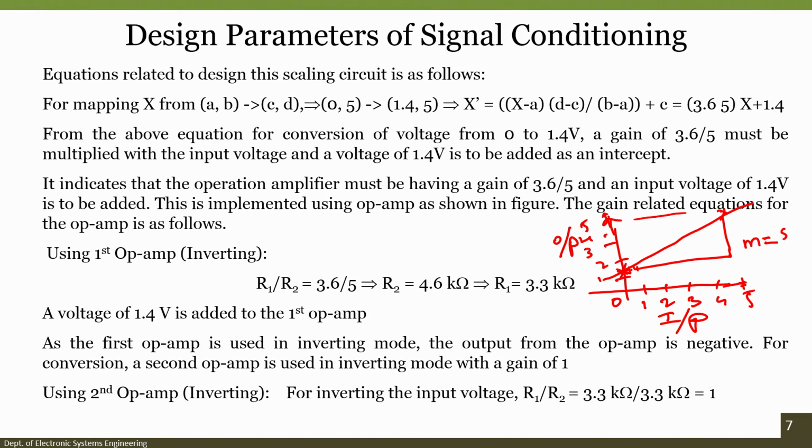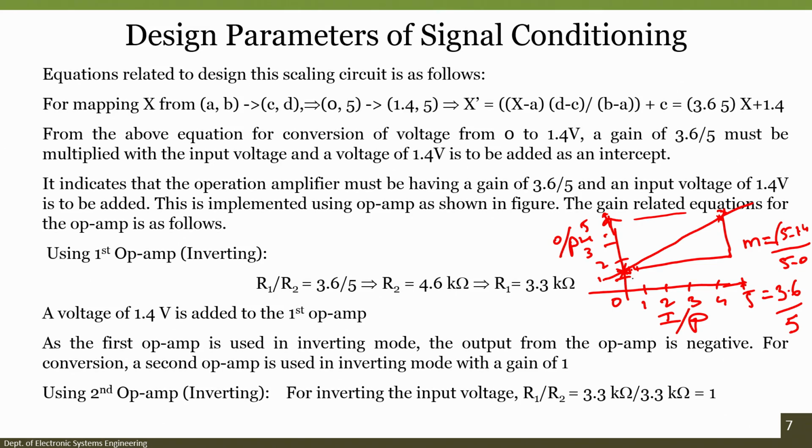It is nothing but 5 minus 1.4, divided by 5 minus 0, which remains 5. So, what is 5 minus 1.4? 3.6 divided by 5.